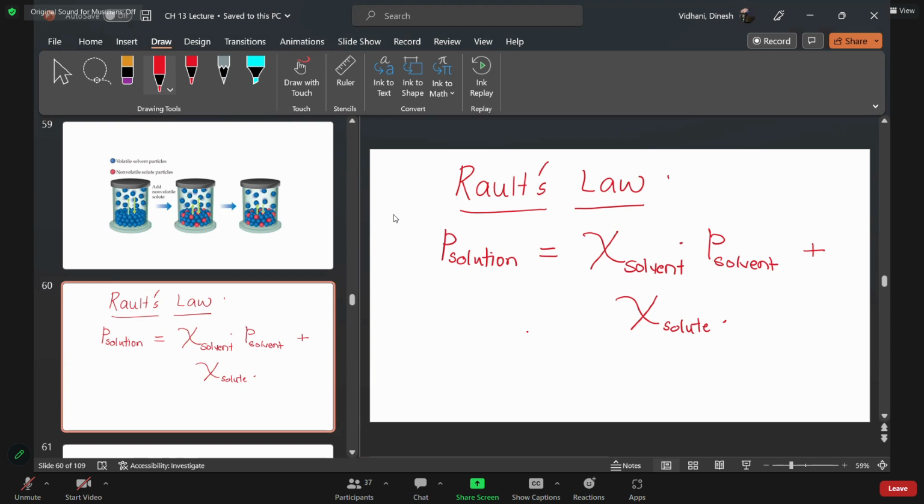What did you ask? I'm asking whether this equation is right or not on the Raoult's law. So let me ask you this way, because I've seen that most of you have done the videos. So let's start from there.